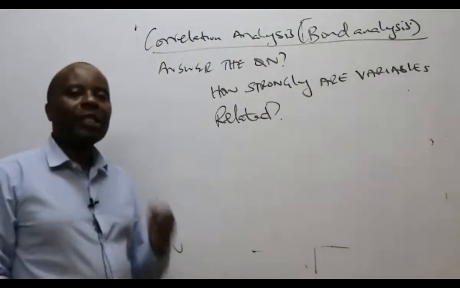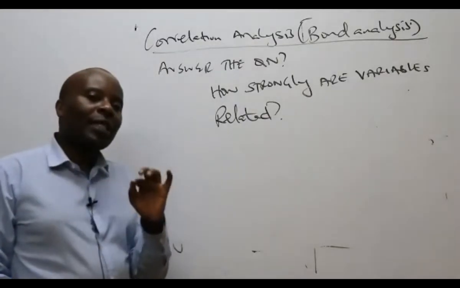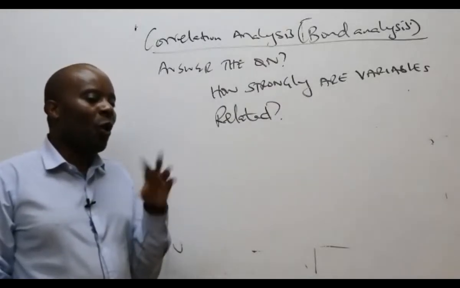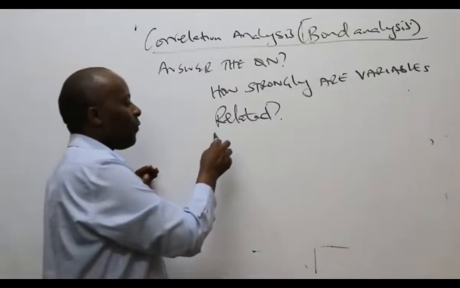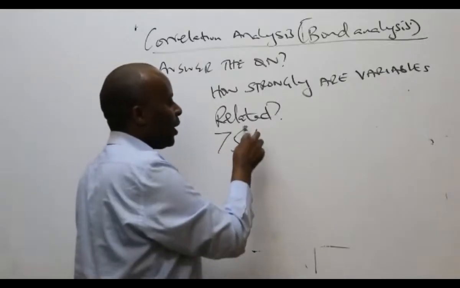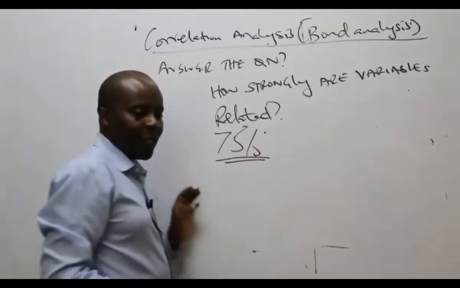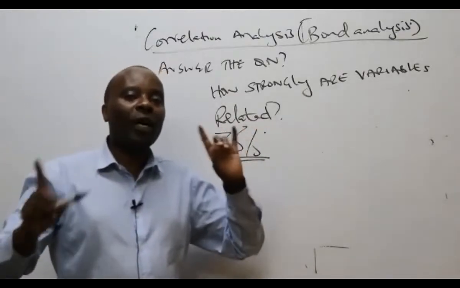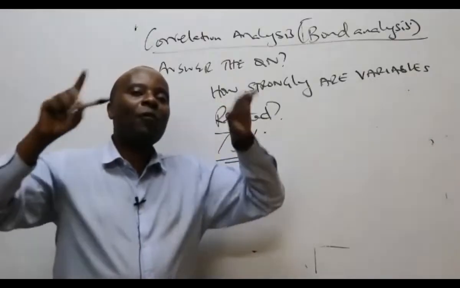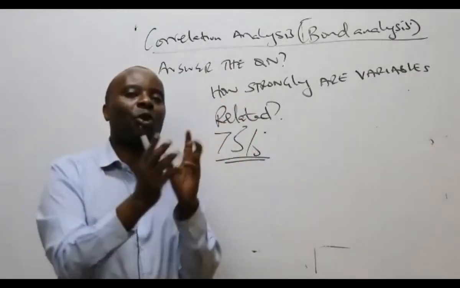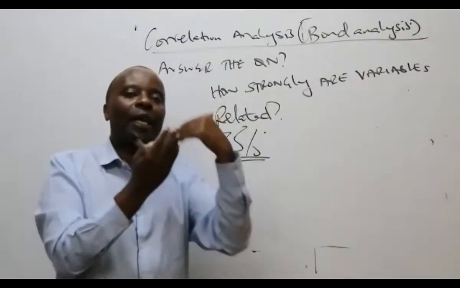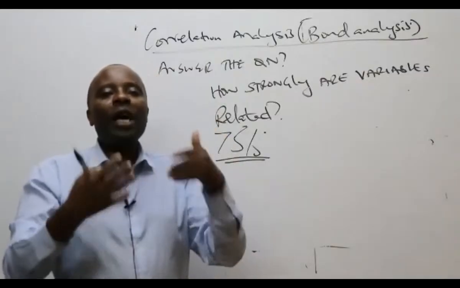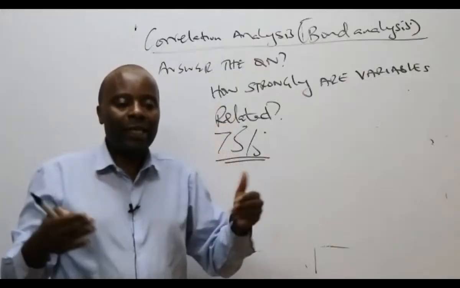And we shall be able to see that variables that are really related in a very strong way, their correlation coefficient should be what here, somebody? More than 75%. Anytime you've got, ladies and gentlemen, two variables, x and y, having a correlation coefficient between them of at least 75%, then we say that those two variables are strongly related.